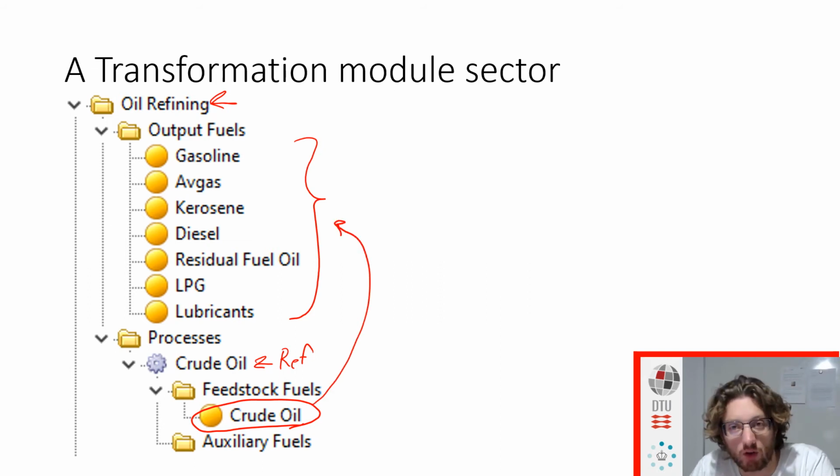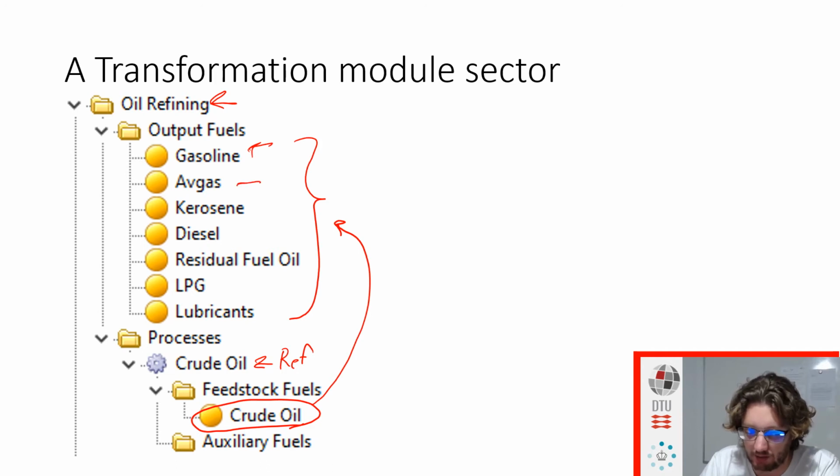So that's also absolutely something you can do in the transformation sector. Then here you define not just the efficiency, but also the share of how much a liter or an energy amount of crude oil becomes gasoline.